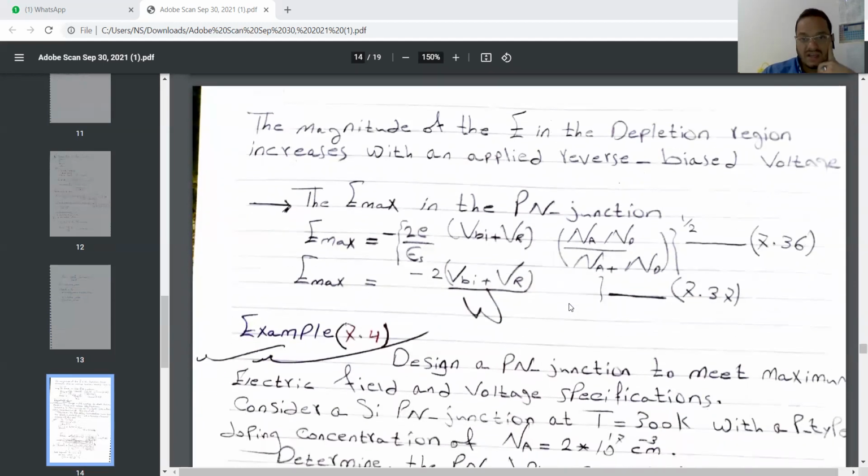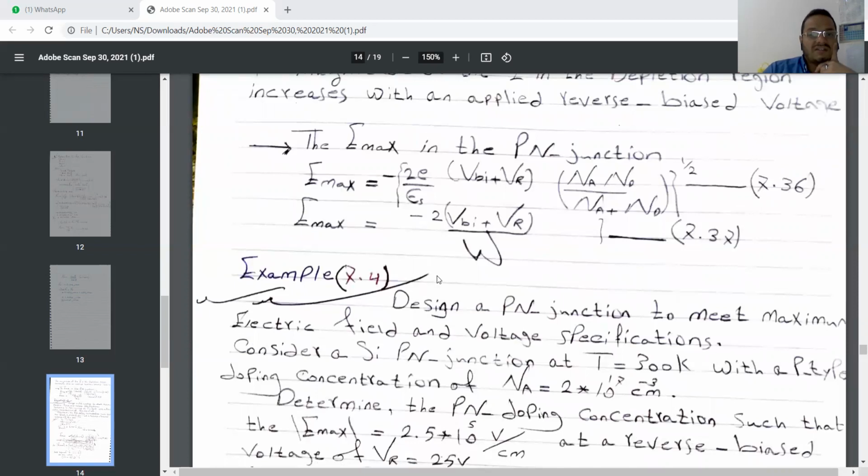And at the same time, if we have the result of the total width, or if we can calculate the total width directly from its equation, or by calculating Xn with Xp, we can use equation 7.37. This equation is -2 times the built-in barrier potential plus reverse bias voltage divided by the total width.